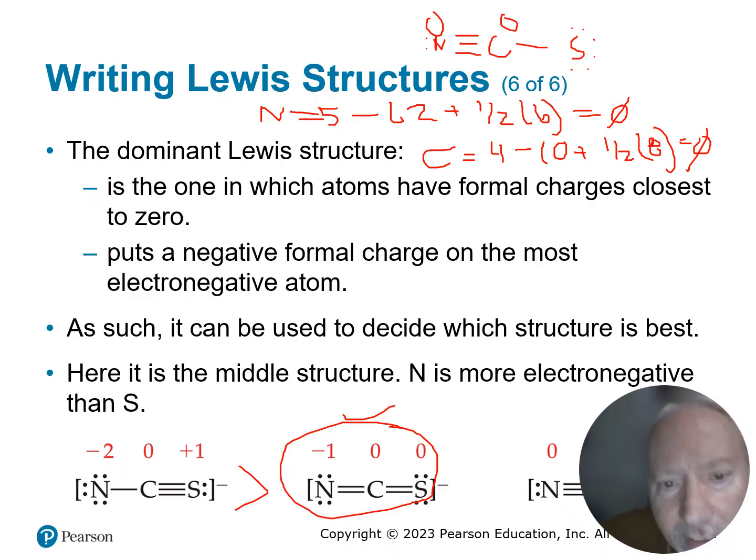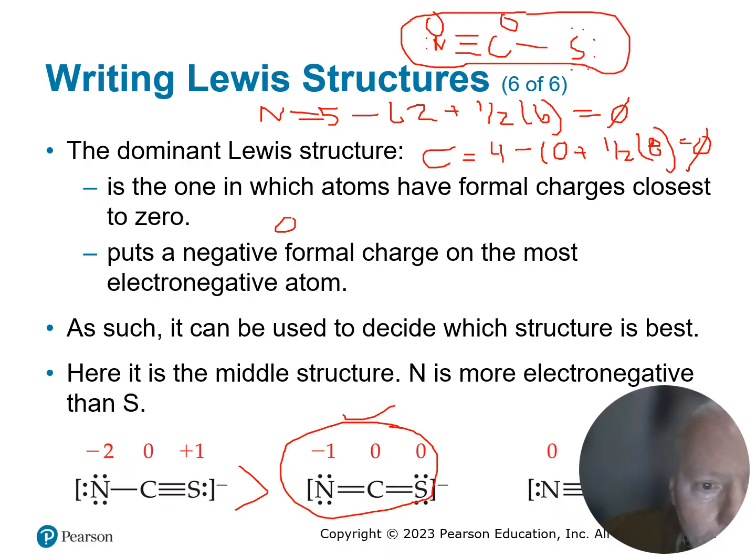Now the hardest one is sulfur, and it's a fun one to do. Sulfur is just like oxygen. So to calculate the formal charge of sulfur in this specific species, we know sulfur has 6 valence electrons. Now, how many electrons does the species have for sulfur? Well, we know it has 2, 4, 6.